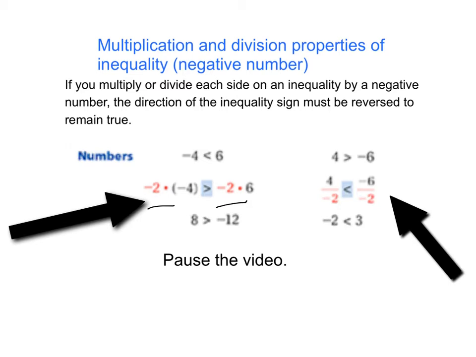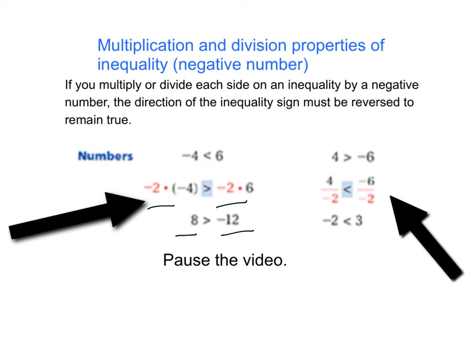I must switch my sign so that it remains true. Once you multiply it out, you're left with 8 is greater than negative 12. I switched the sign because if I didn't, then it would not be true.